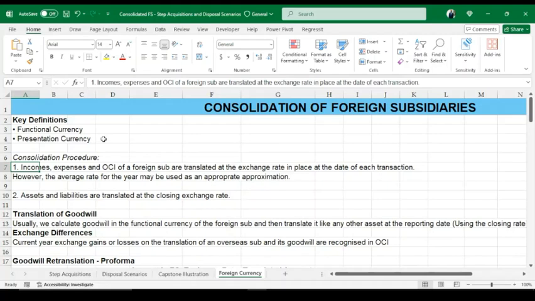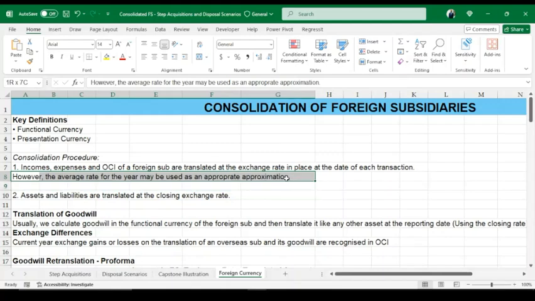So when you're translating sales, we are taking the exchange rate that was in place before the sales took place. But in practice, this is quite difficult to obtain. That is why there is this caveat here that the average rate for the year may be used as an appropriate approximation.